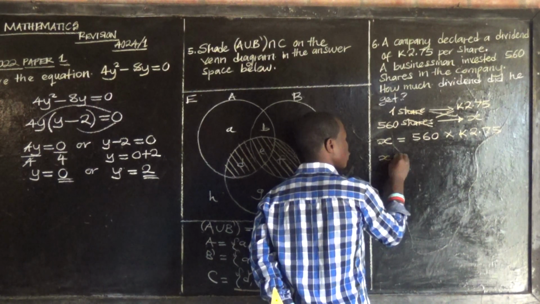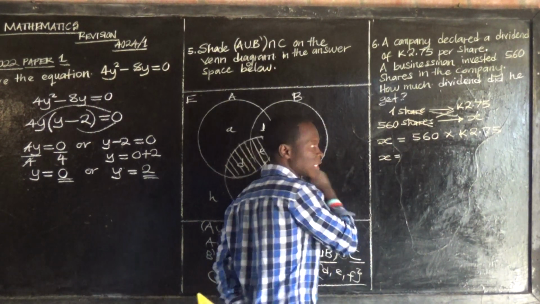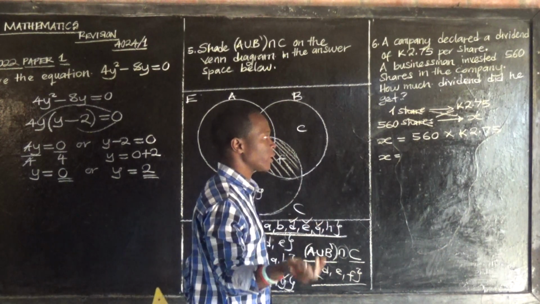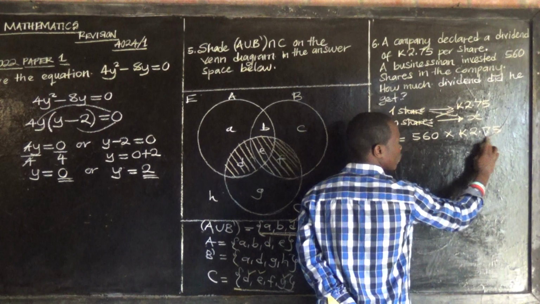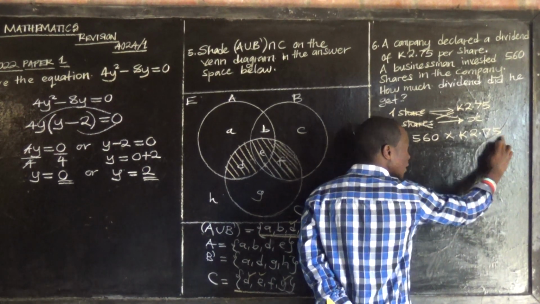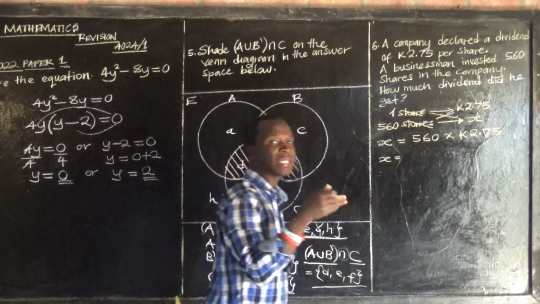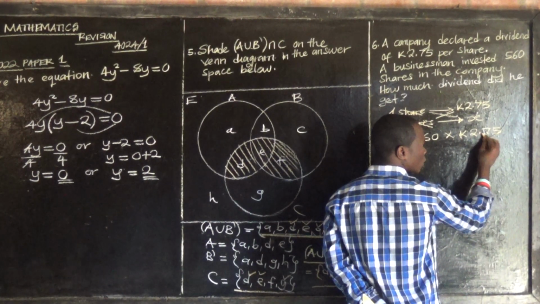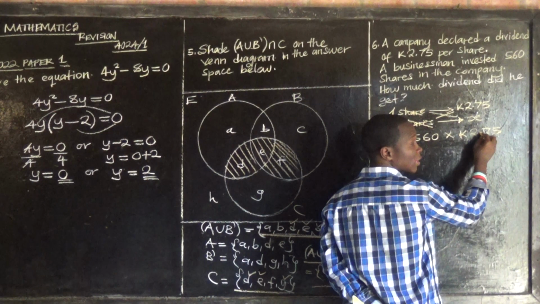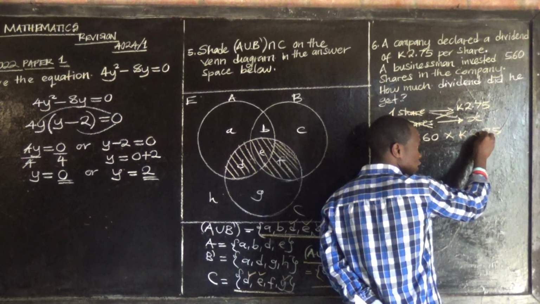So X is equal to, so here what you are going to do is, since you are not allowed to use calculators, to make our work easier, we are going to consider this number as a whole number, instead of taking this number as a decimal. So we are going to ignore this decimal point.